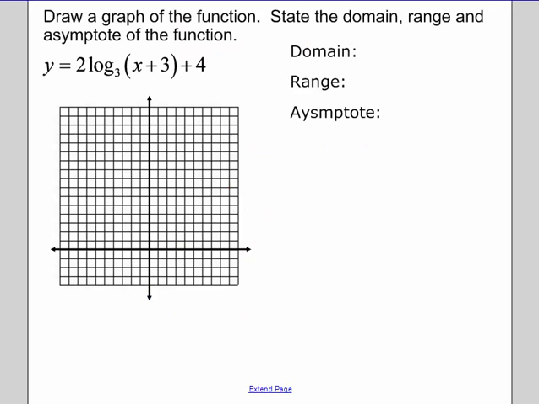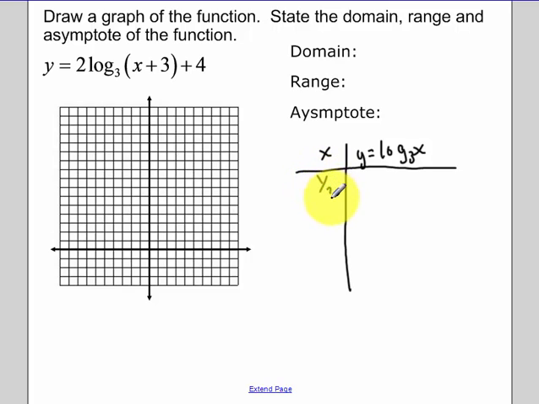Okay, so graphing a logarithm. Graphing a logarithm is the inverse of graphing an exponential. So how I often look at this is to get my key points for a logarithm graph, I take away all my translations and I get the basic graph. Now I look at powers of 3.